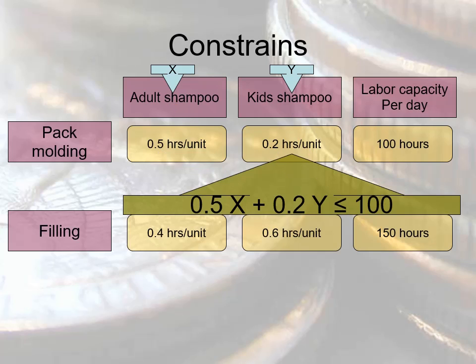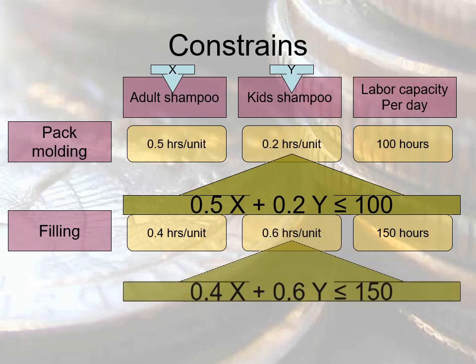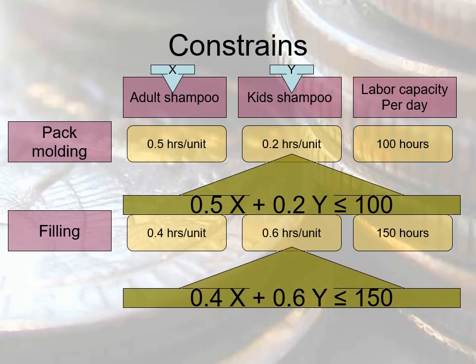For the other constraint in the filling section, we can write this equation: 0.4x plus 0.6y is equal or less than 150, where 0.4 is the number of hours needed to produce one single unit of adult shampoo in the filling section, and x is the number of adult shampoo, and 0.6 is the number of hours needed to produce one single unit of kids shampoo in the filling section, and y is the kids shampoo.